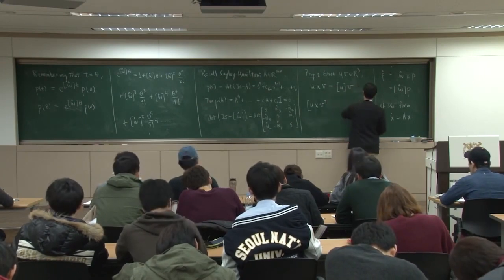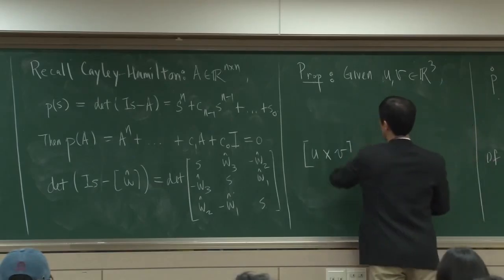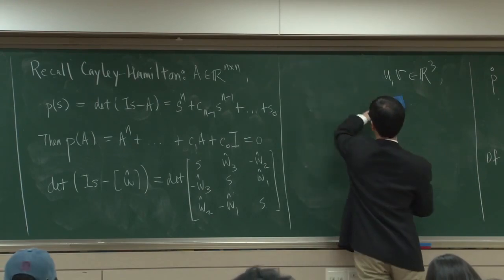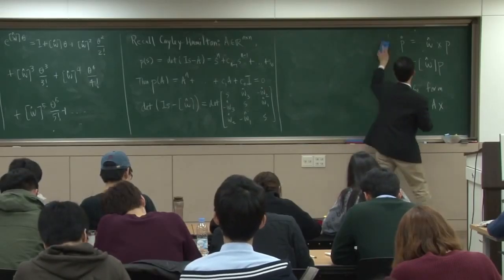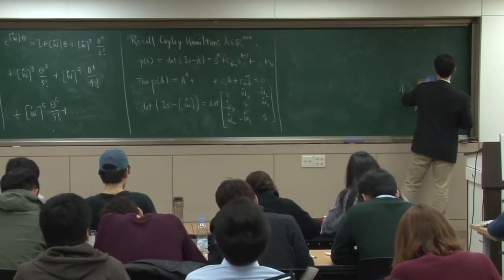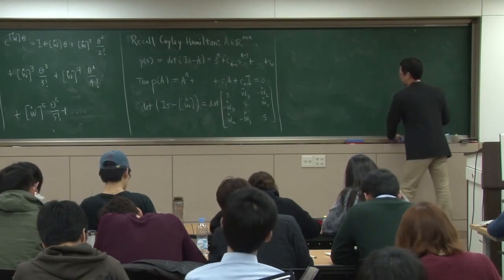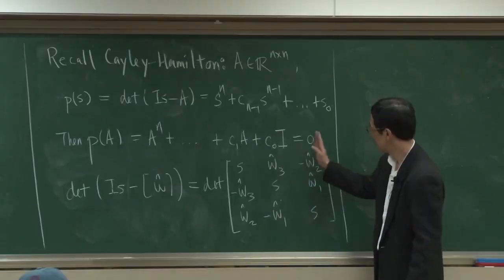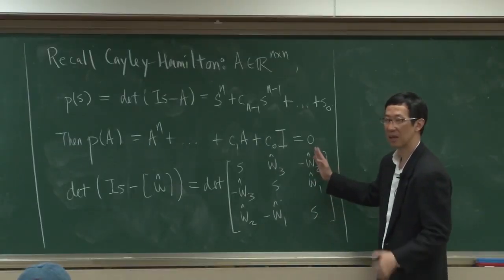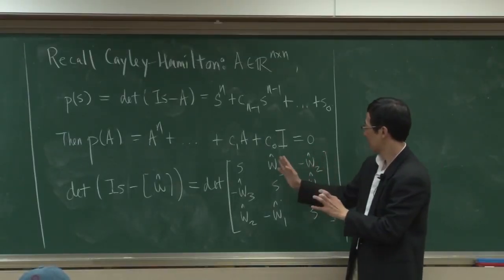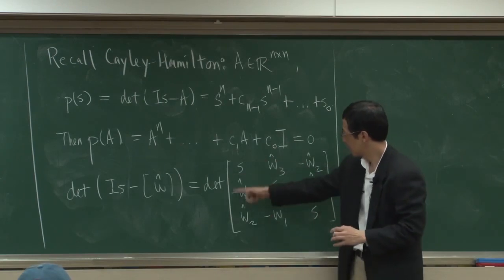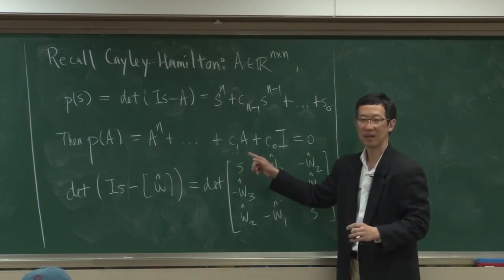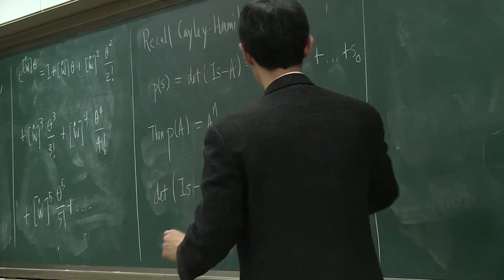Okay, and now we have a formula for calculating the determinant of 3 by 3 matrices, right? What do we do? We take the cross product of this and this, and then take the inner product of that with the first column. I'm not going to do the calculation now.